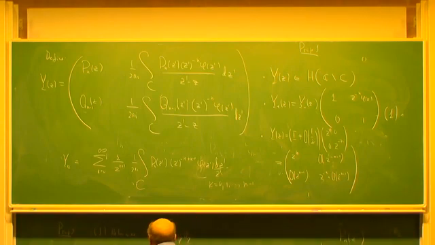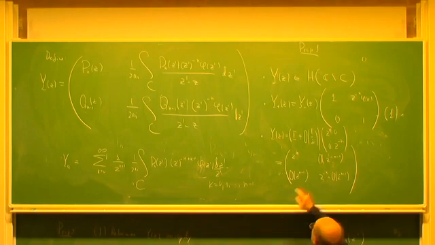Now, if I have another solution satisfying all those properties, and I divide it by Y, which is now okay to do because the determinant is 1, then my R would be analytic everywhere outside the unit circle, everywhere inside, and on the unit circle it would not jump, because the jump matrices on the right side would cancel.